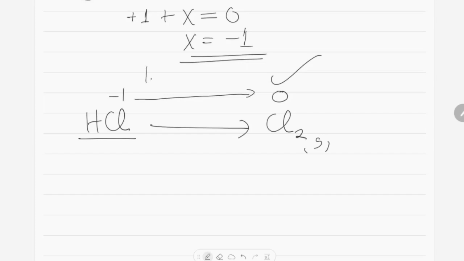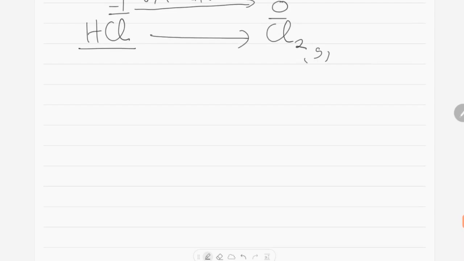This is an increase in oxidation state. So the reason why it is oxidation is because there's an increase in the oxidation state from negative 1 to 0. That's why this is an oxidation process. We can now move on to the next part of the question, which is C.